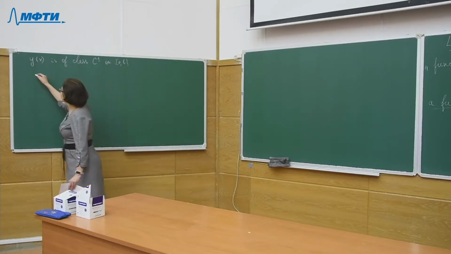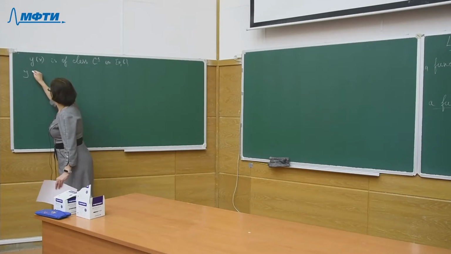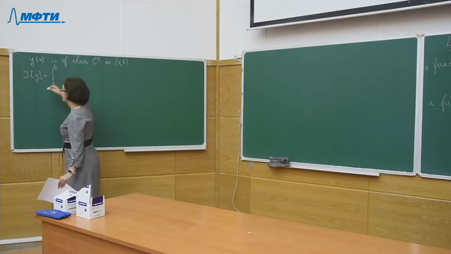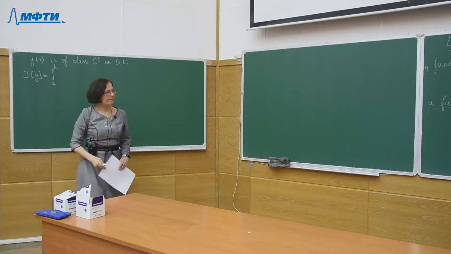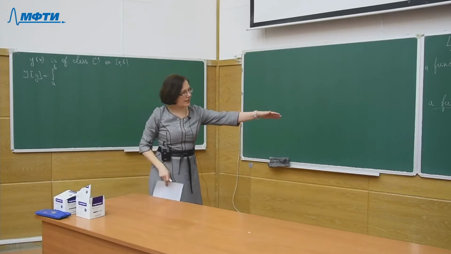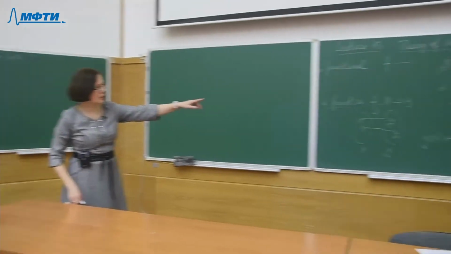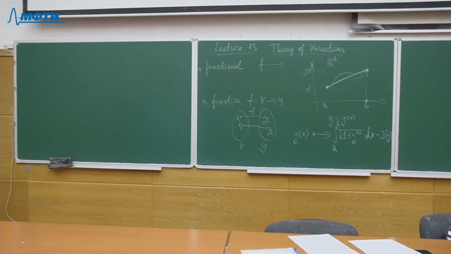We will consider functionals of the form, the integral from a to b. In our example, we have the function which is equal to the root of 1 plus y prime squared.